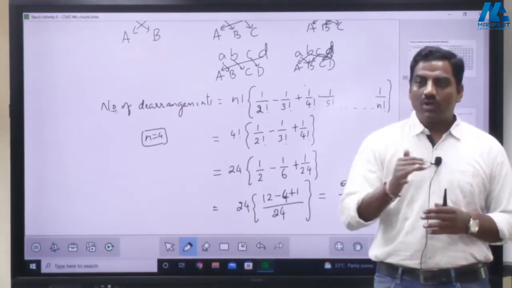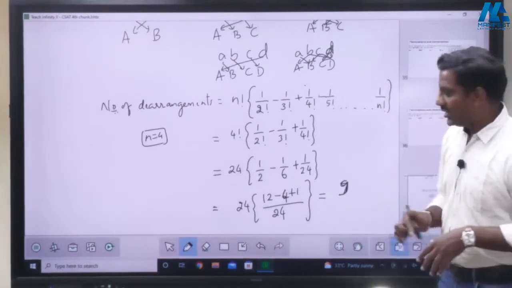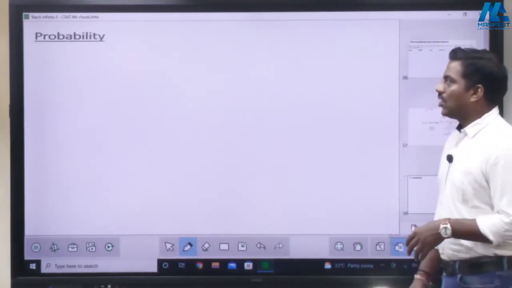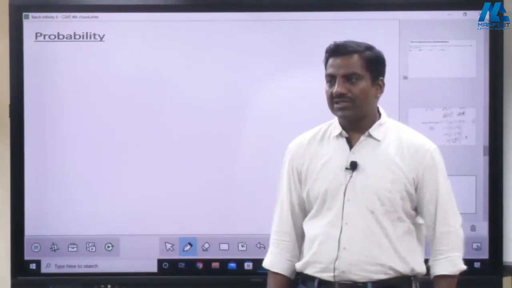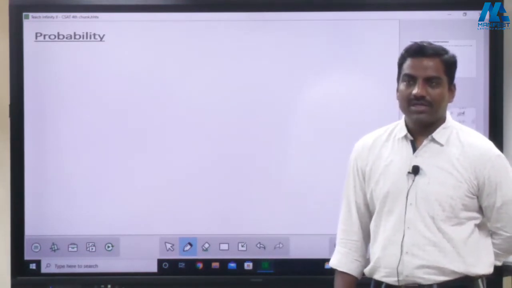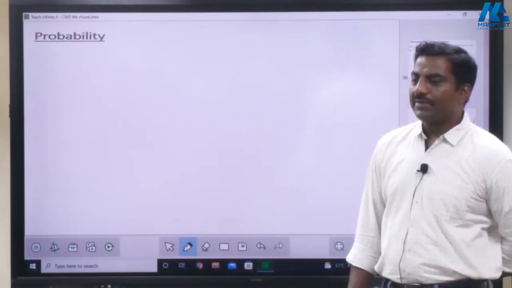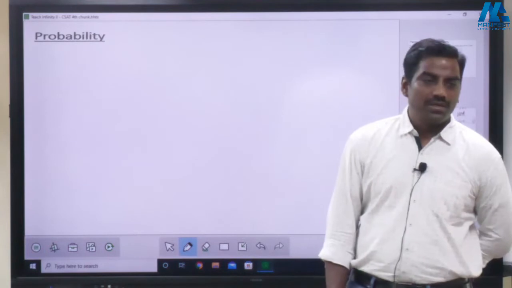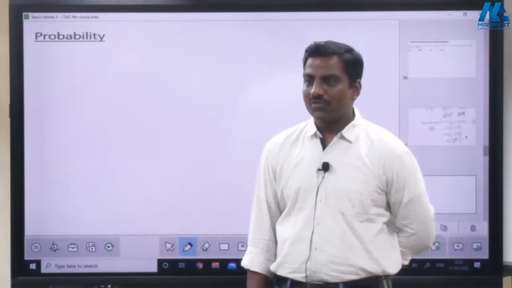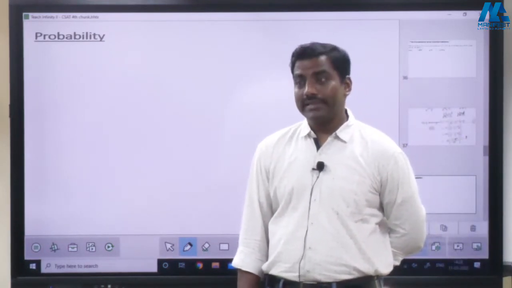Now, we'll go to probability, which is an application, or depends upon what we have learned so far in permutations and combinations. Again, probability is also an often-used word in our day-to-day activity. Yes or no? Most probably.